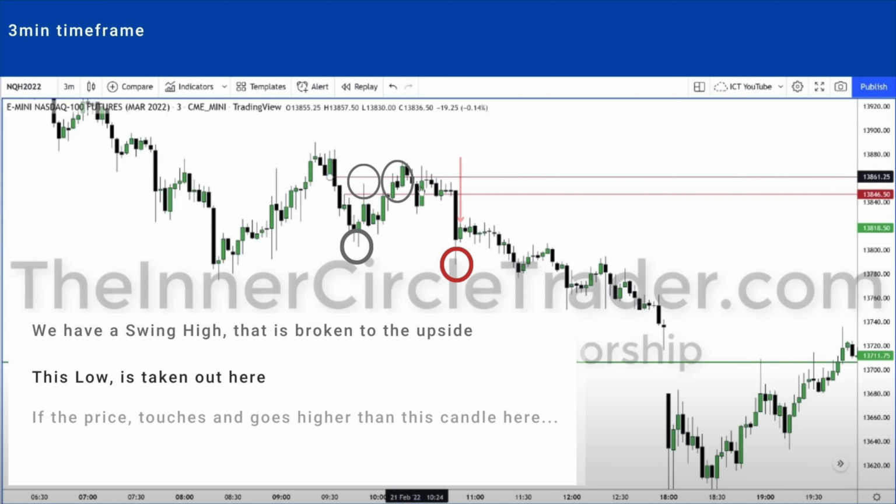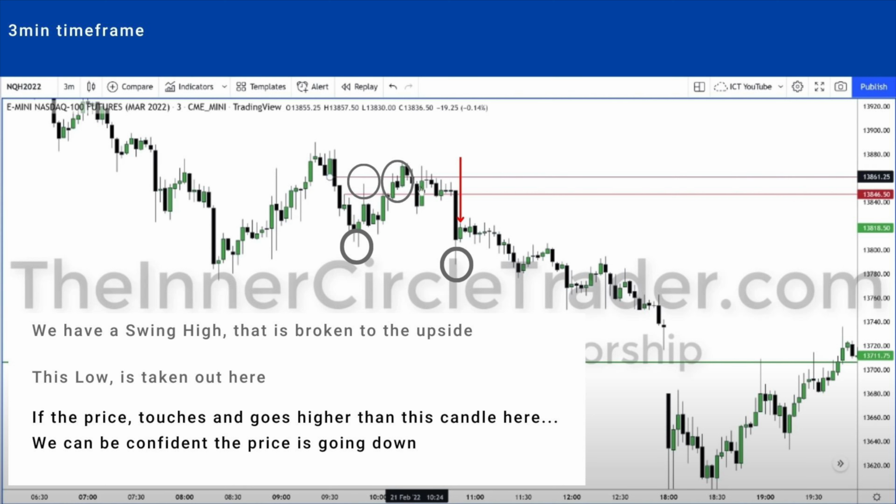Then we have a fair value gap forming. And right after the fair value gap, we have this candle in red. If the price touches this candle and goes higher than this wick, than this candle over here, then we can be confident that the price is ready to go down. By using the fair value gap, we should enter our position here.